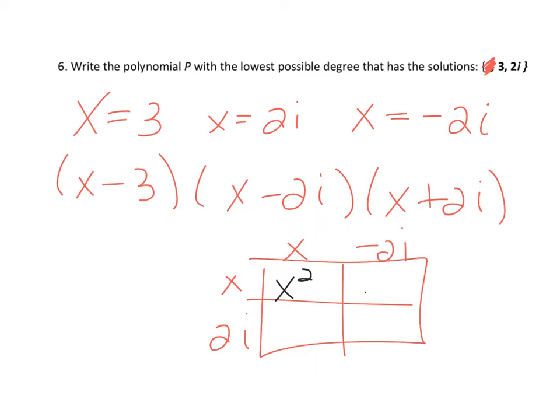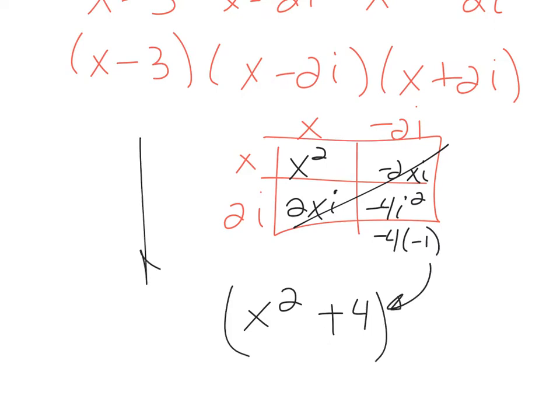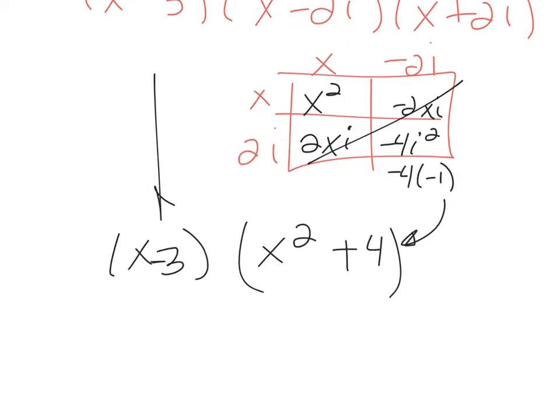So I get x squared minus 2xi, and then plus 2xi, and then minus 4i squared, which allows these to cancel out. You'll get x squared plus 4. The reason I get plus 4 is because i squared, remember, is negative 1, and that reduces to 4. Then bring down the x minus 3. And then I'm going to box method again.